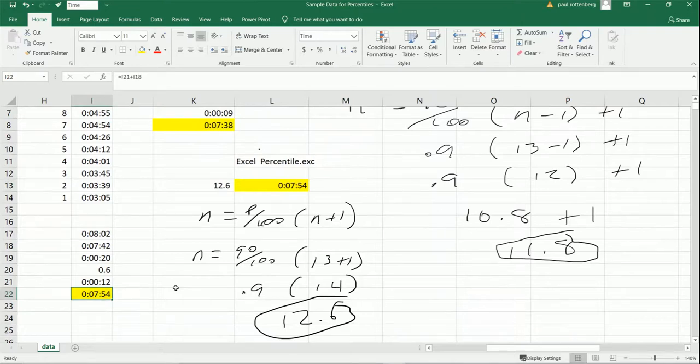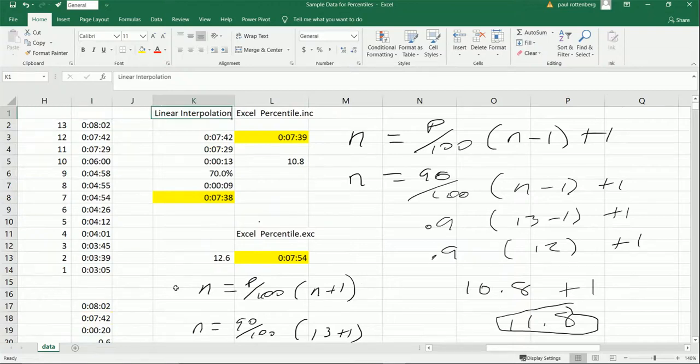So we've gone through traditional linear interpolation, which I showed you at first, and then we took apart percentile.inc, and then we took apart percentile.exc. Notice that percentile.inc, which again is the same as equal sign percentile formula-wise, is lower than percentile.exc. Essentially the reason is that percentile.inc includes the 100th percentile and percentile.exc does not.